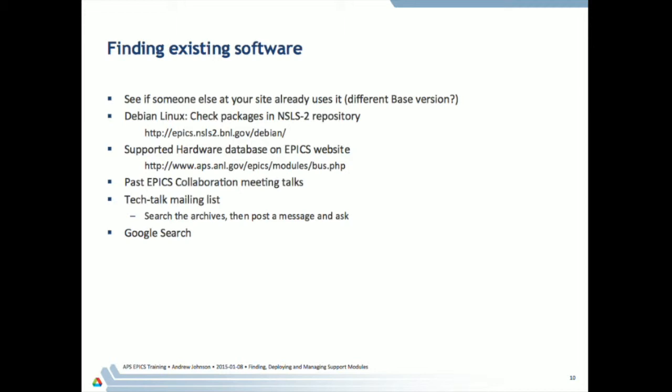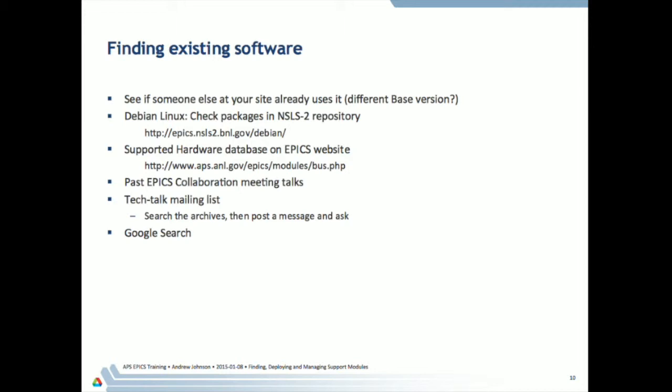How do we find out if there is already a driver for a piece of hardware that someone has presented you and said, support this? Obviously, ask on the local site. Talk to BCDA if you're one of the CAT users here, and see if they already know about it. If you're using Debian Linux, then NSLS-II has a repository of EPICS software.